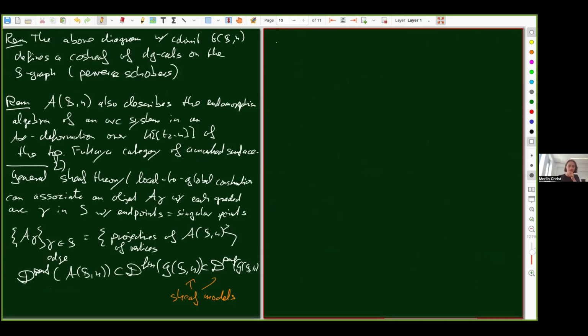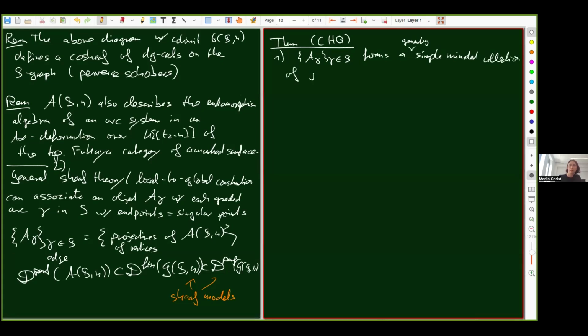And maybe a theorem: this collection A gamma, where gamma is an edge of the S graph, forms a generating simple-minded collection of D perf of the graded Brauer algebra, the relative graded Brauer algebra.